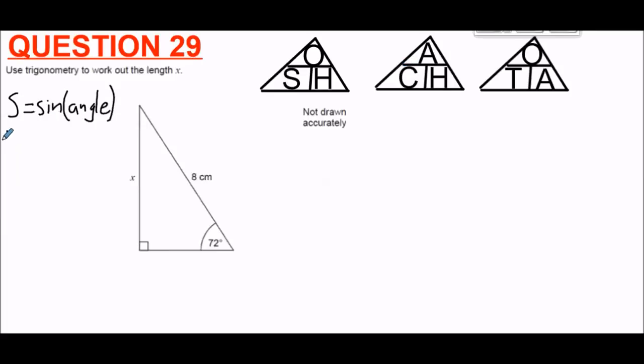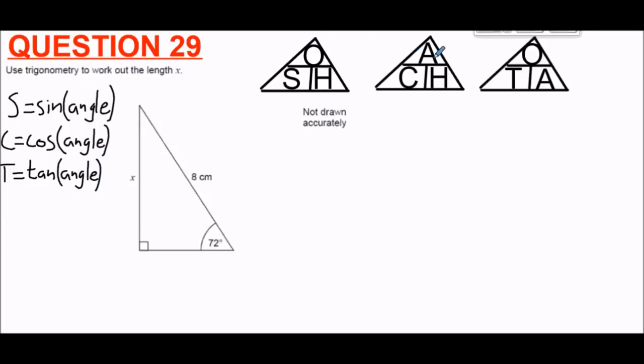C is cos, short for cosine, again of whatever angle we happen to be talking about. T means tan, which is short for tangent, of whatever angle we happen to be using.